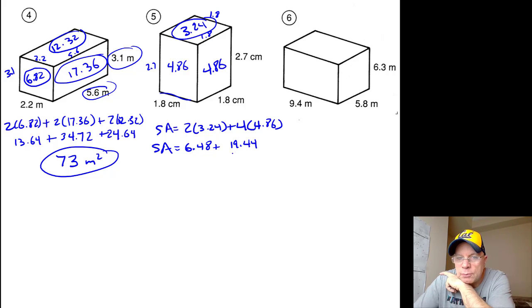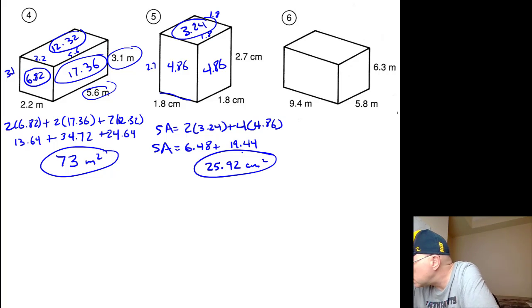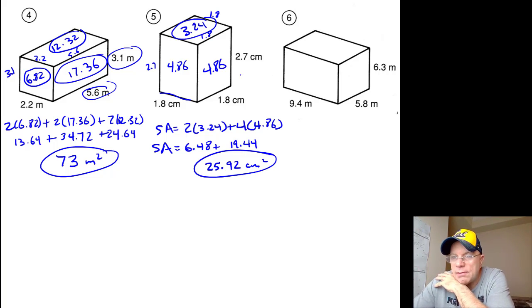So 25.92 centimeters squared. I'm going to glance at my answers and make sure I got that right. I did. Here we have 5.8 by 6.3.